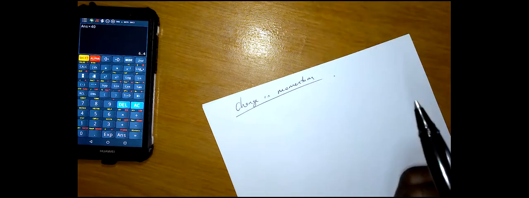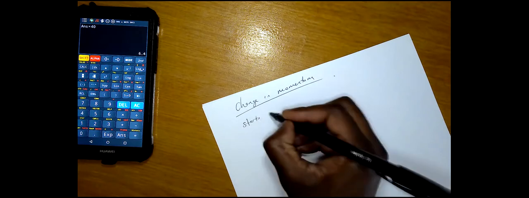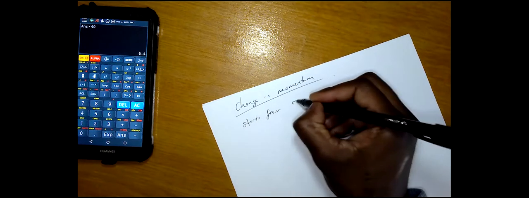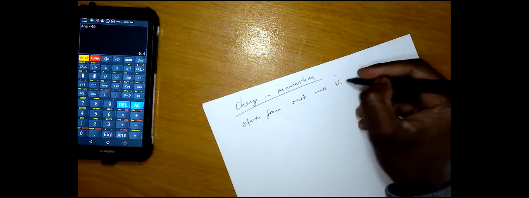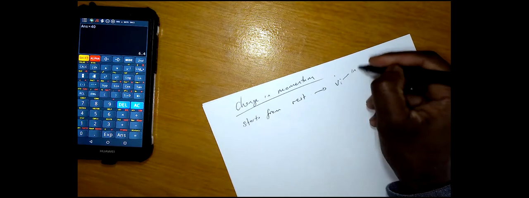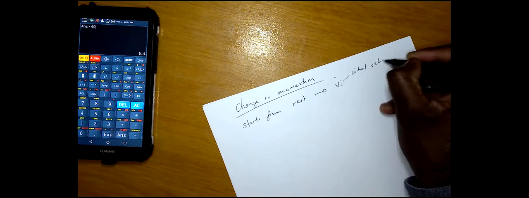Always know that when an object starts from rest, V initial is equal to 0. When we say Vi, it means initial velocity.